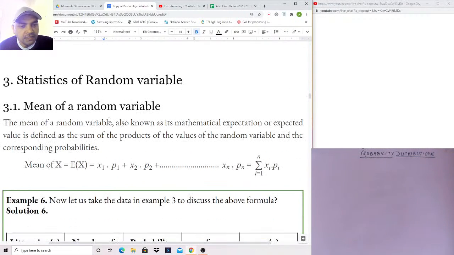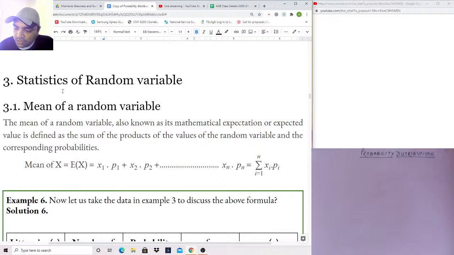Now, the statistics of a random variable. Till now, I have an idea that you have already covered measures of dispersion and measures of central tendency.